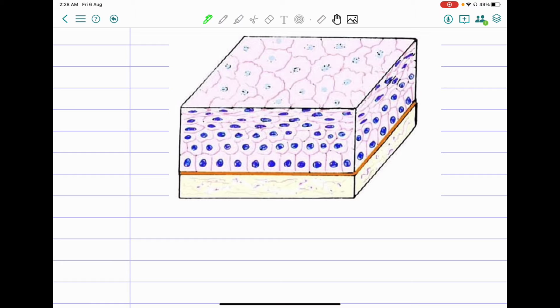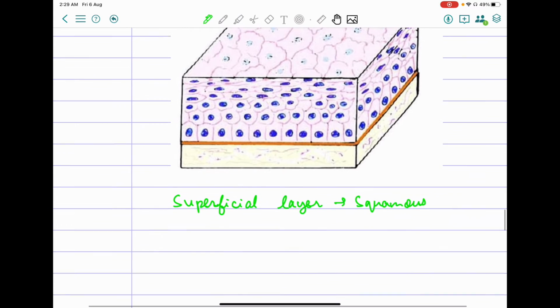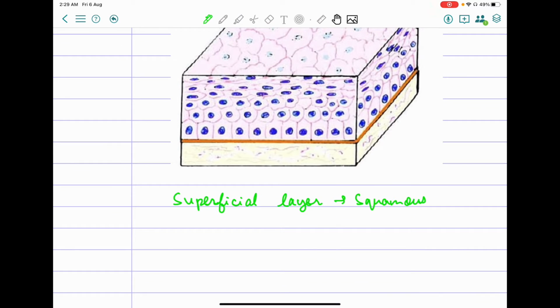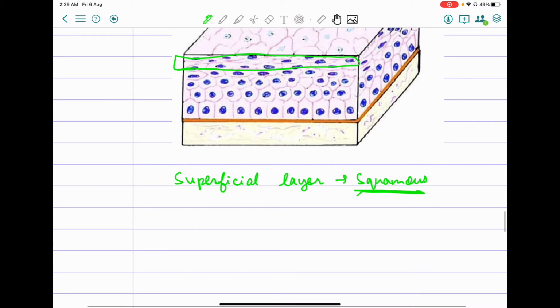Here you can see that the superficial layer is squamous. This is how we decide their name. These superficial cells are flat and their nucleus is also flat, so these are squamous. And the middle layer?